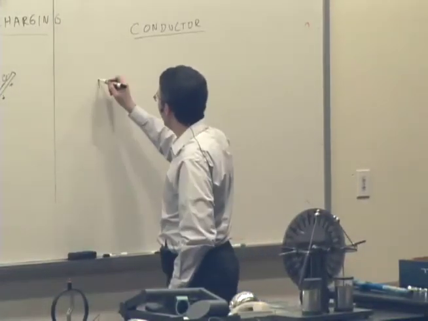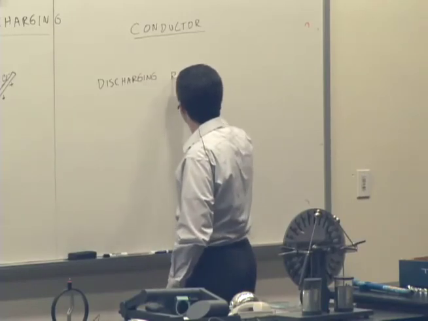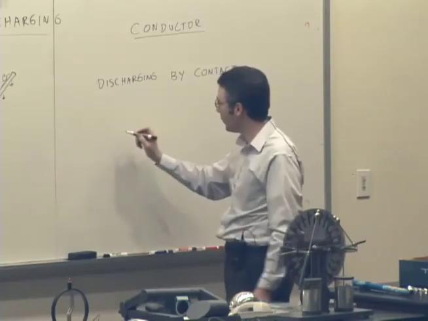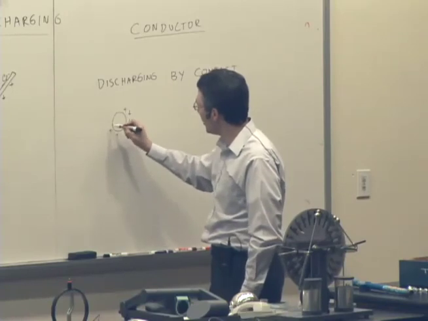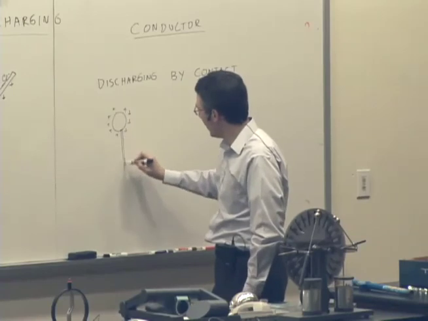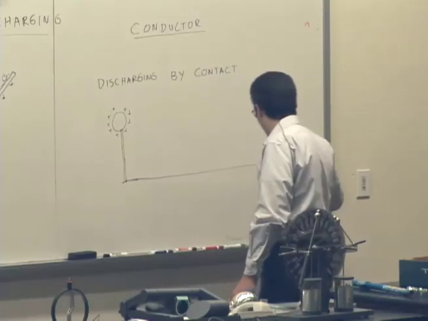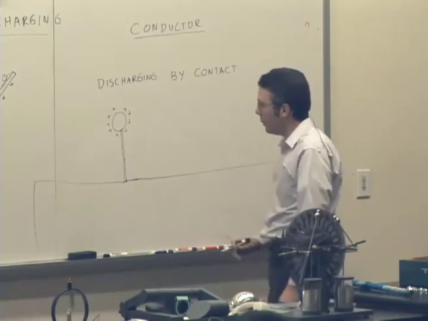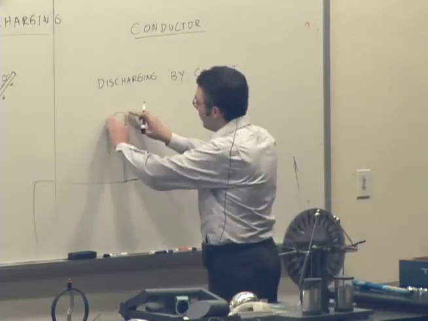But when you're talking about discharging by contact, there's a particular special case. If you have an object that's charged up and you want to get rid of that charge, and you have a wire or some conductor that is connected to a very, very large conductor, then that charge will spread out over the entire object, right?